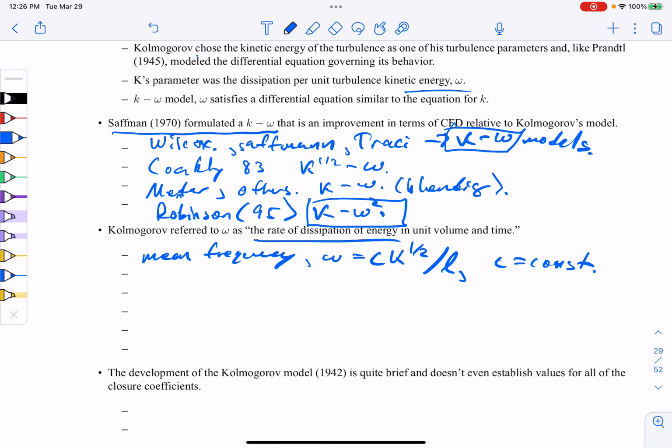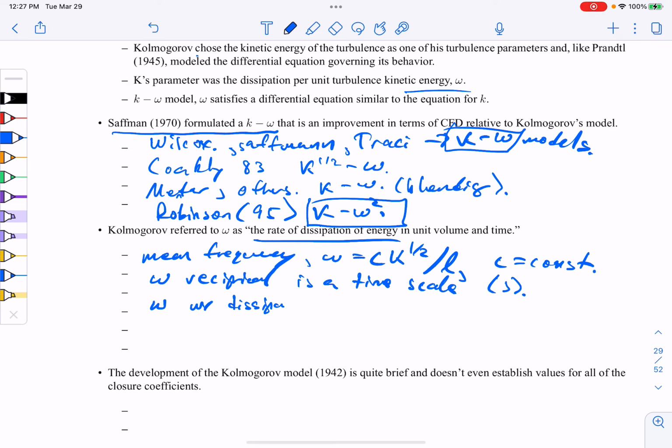The reciprocal of omega is a time scale, right? So that would have the units of seconds, because omega is 1 over a second. And if you believe that omega can be defined in some way as a function of the eddies and their energy, then you could associate omega with the dissipative properties of turbulence.